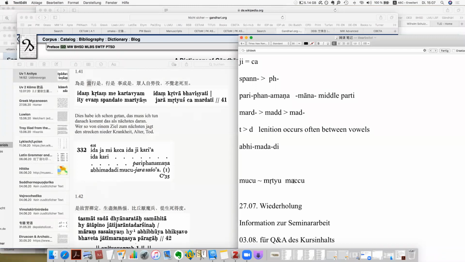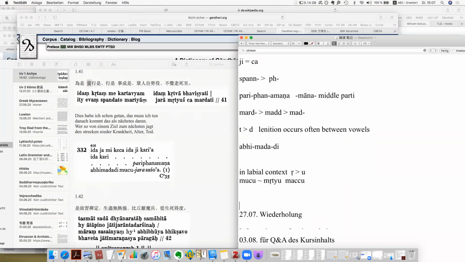So u, because it is in a labial context. So in a labial context, the re becomes a u. So it's a regular sound change. Muchu. Okay. And then jada is jada.